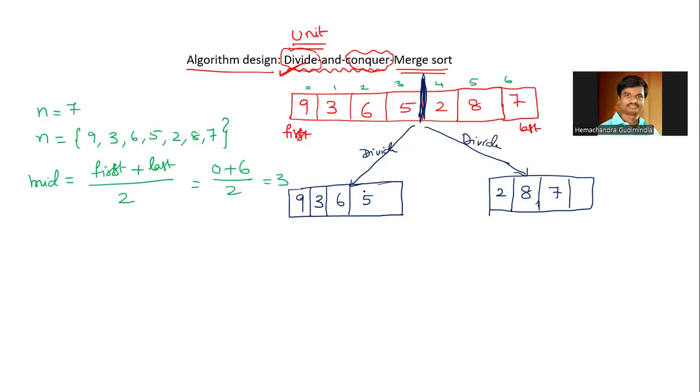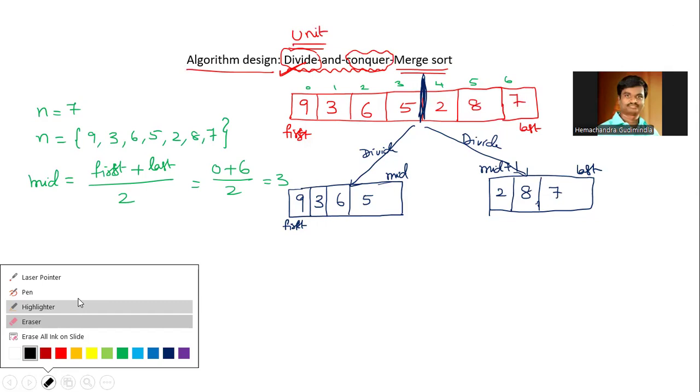Once you divide a big array into small portions, now further you can divide 9, 3, 6, 5. You can observe here, this is the first element, and this is the mid. And this index is mid plus one, and this one is the last index, 2, 8, 7. 7 is the last element.